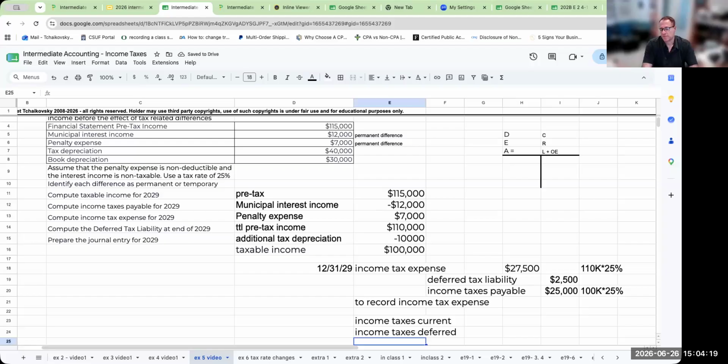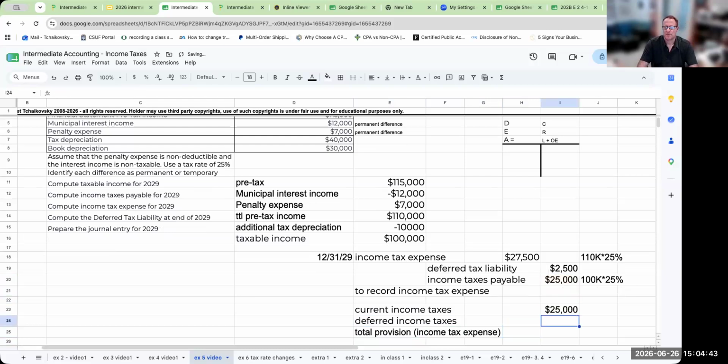And over here, we're going to basically have current and deferred. Then at the same time, this is going to give us our total provision or income tax expense.